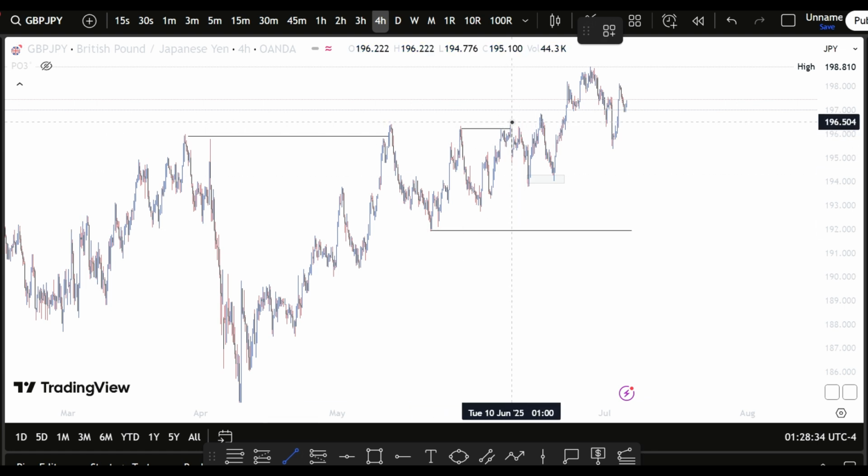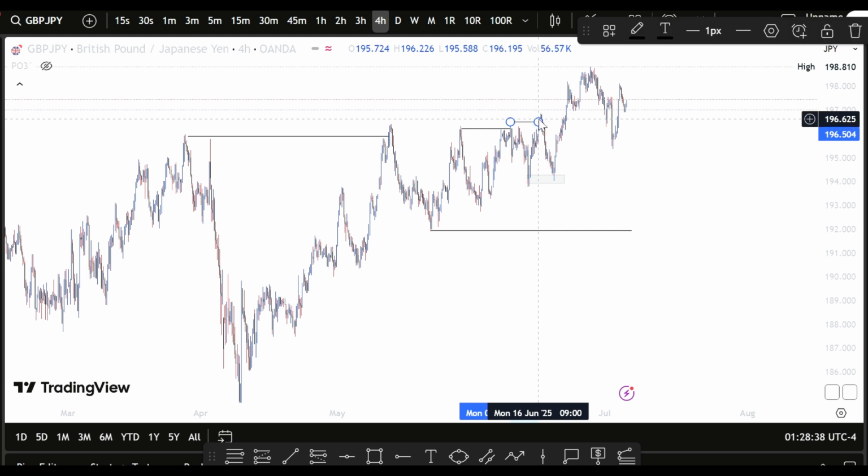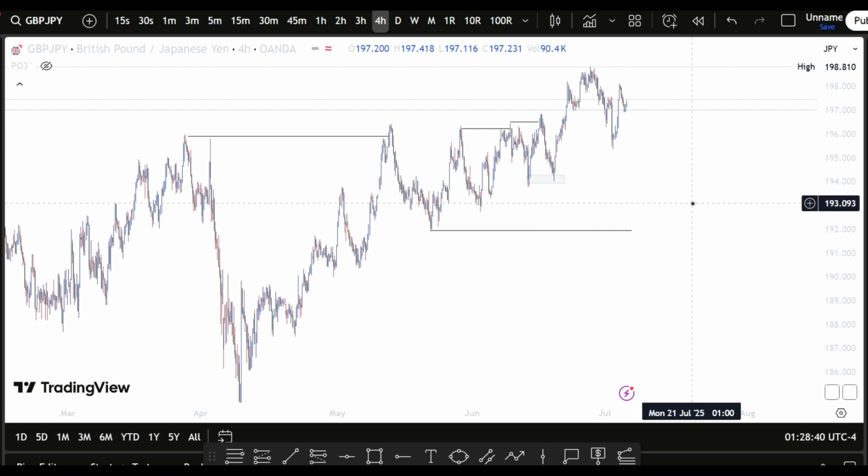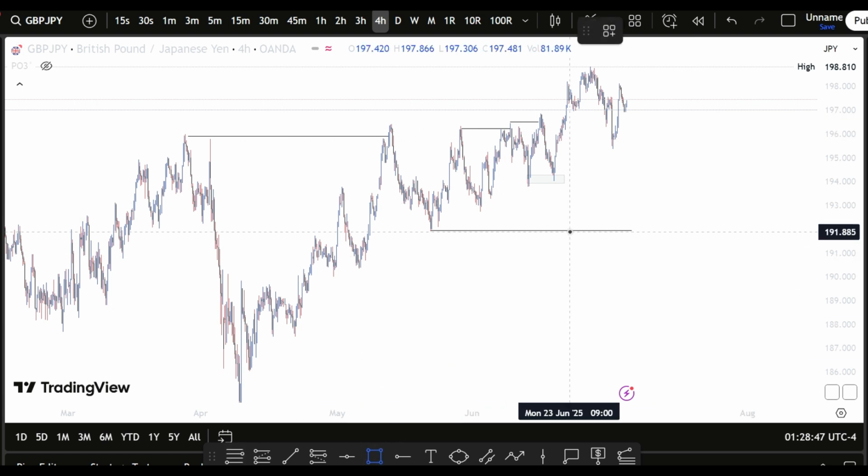Price broke the structure here. You see, what I'm doing is trying to identify levels where the institutions have placed orders from.